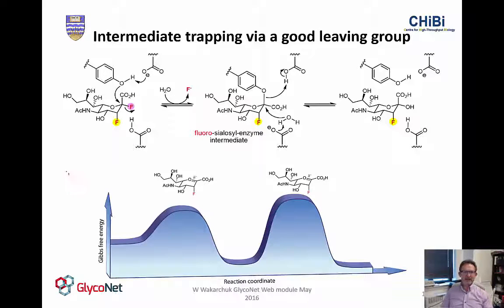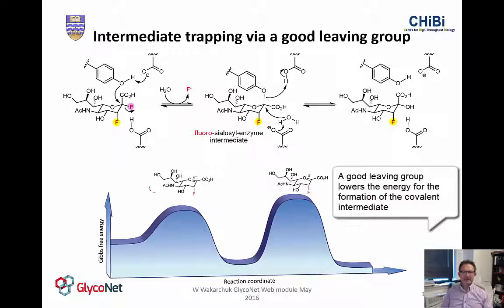The simple way to do that was to install a good leaving group, and in this case a second fluorine atom fits the bill. And so now what we have is a much easier way to get to that fluorosialyl enzyme intermediate, because the reaction is driven by having a nice leaving group here.